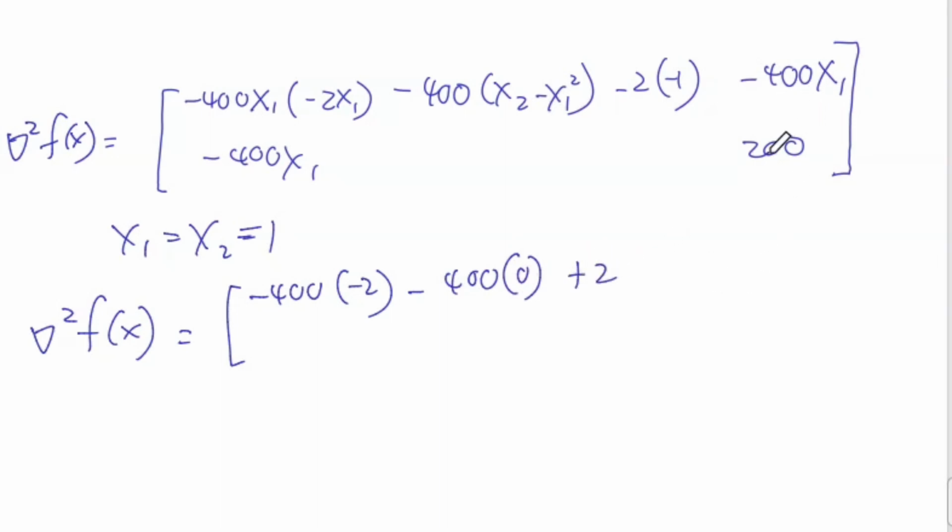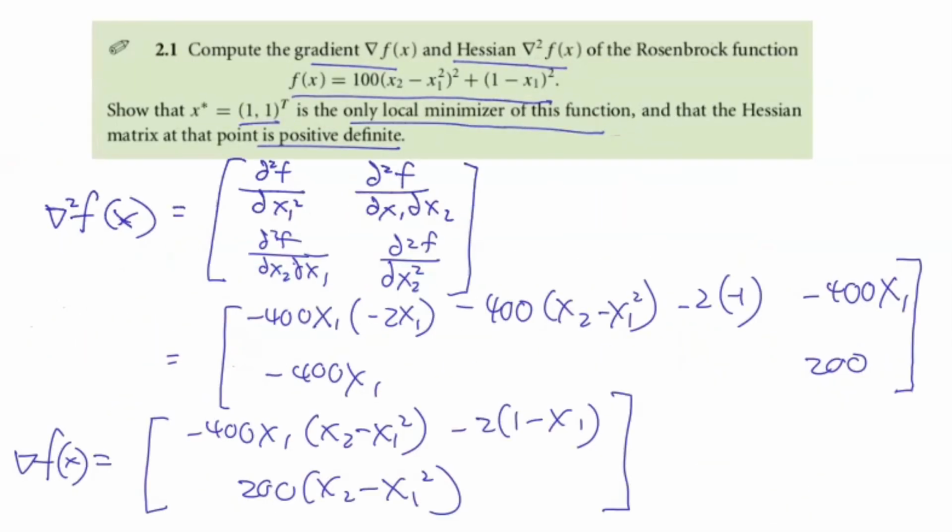This is negative 400, this is negative 400, this is 200. Wait, let me check. Maybe there's a mistake here. Let me go back and check.